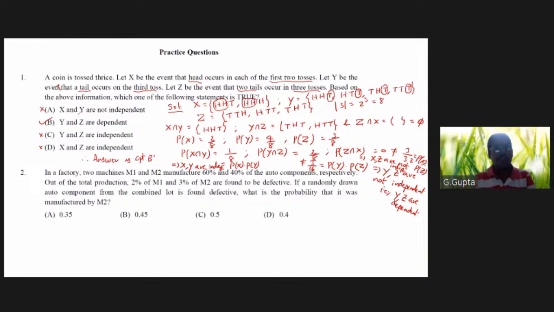Please do the second one. In a factory, two machines M1 and M2 manufacture 60% and 40% of the auto components respectively. That is machine M1 60%, machine M2 40% of components. Out of the total production, 2% of M1 and 3% of M2 are defective. This is the arbitrary event A, defective.